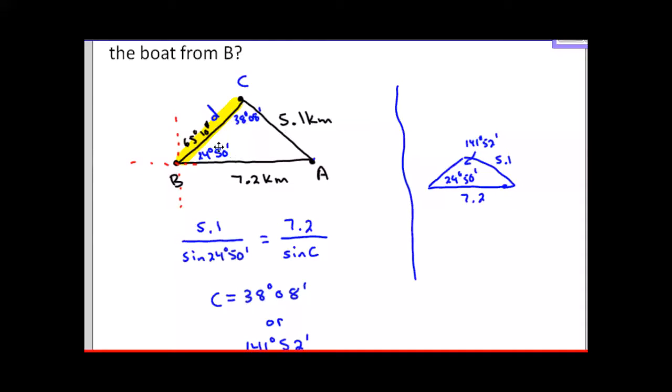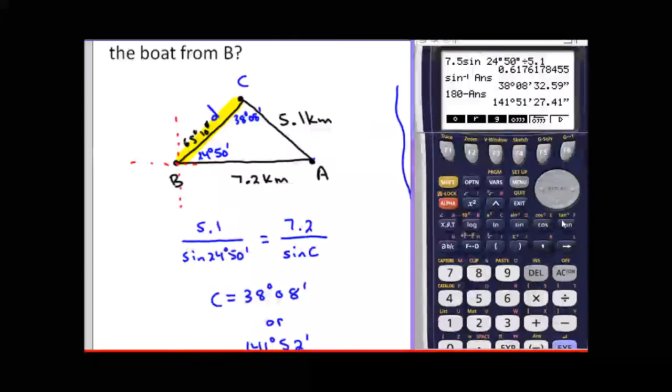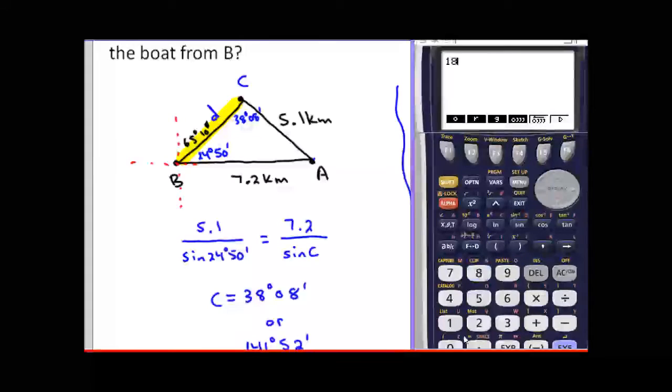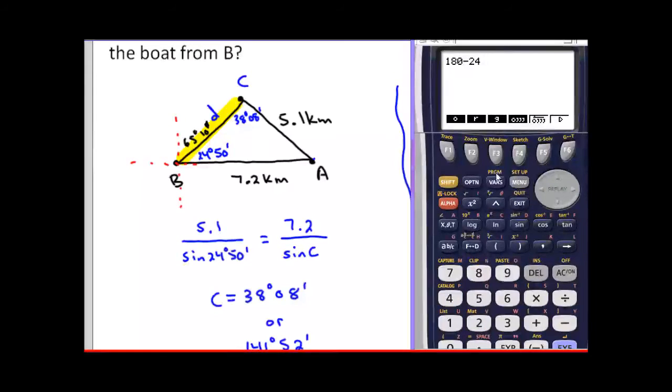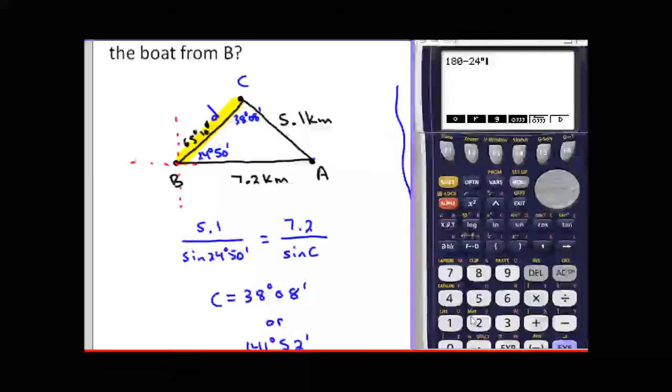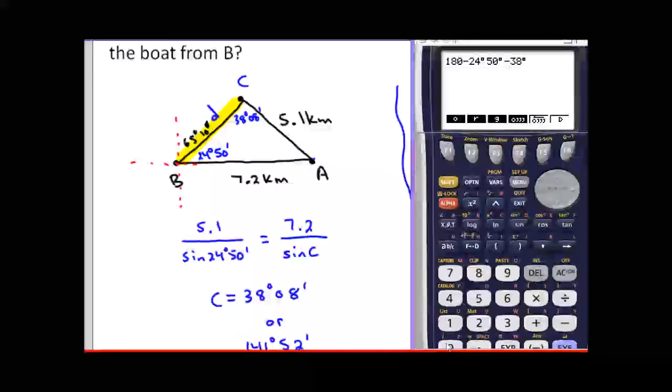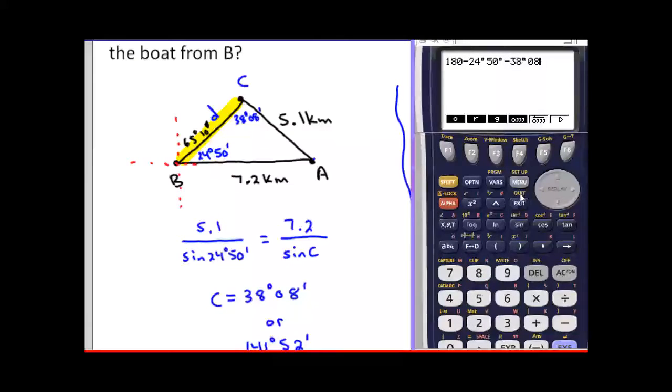It's nice when all the angles are nice acute here, and what's going on with this one here, when we go through and we find C is 38.08, then in this triangle right here, right, angle A is going to be 180 minus 24 degrees, 50 minutes, minus 38 degrees, 8 minutes.